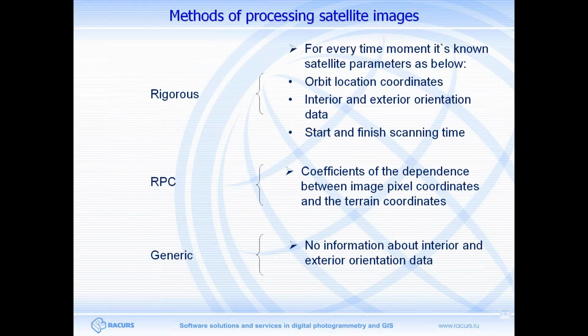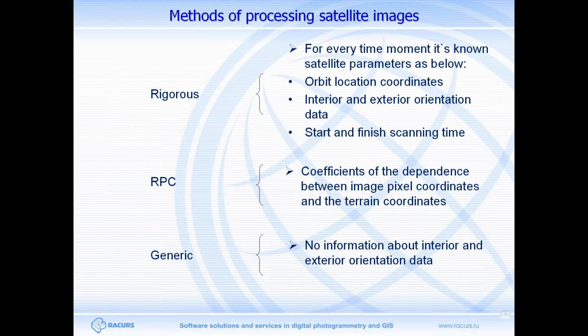We support several methods of satellite images adjustment. It depends on the data that we can take from the satellite operator. In case you know all information about the model of the sensor, we use the rigorous method. In this case, we know everything about orbit location coordinates and exterior orientation parameters.